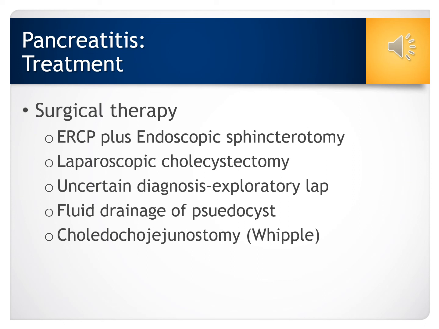Those with severe acute pancreatitis may require drainage of necrotic fluid collections. This is done either surgically or under CT guidance or endoscopically. Percutaneous drainage of a pseudocyst can also be performed, and a drainage tube will be left in place.